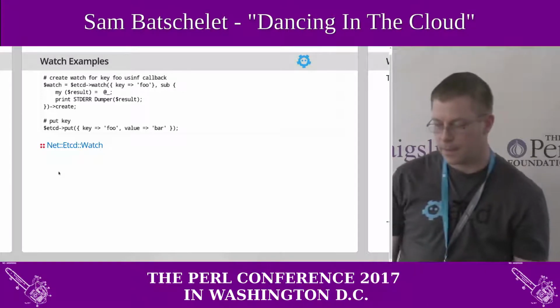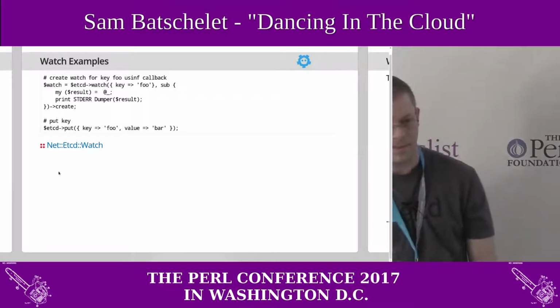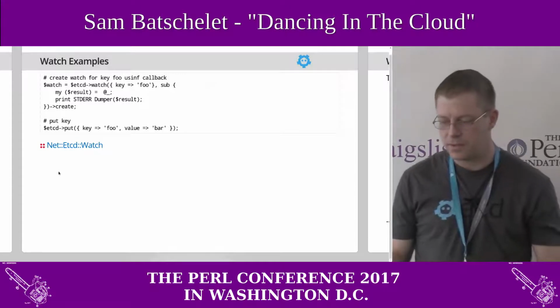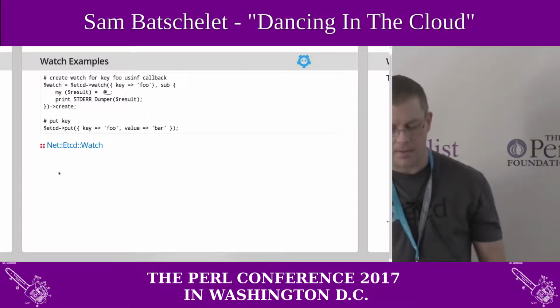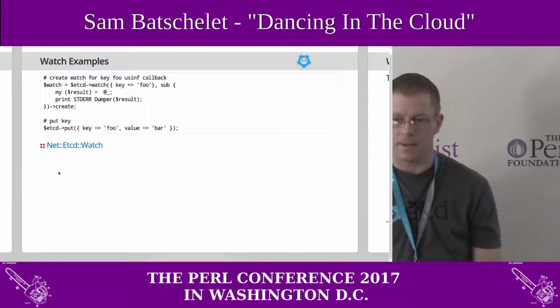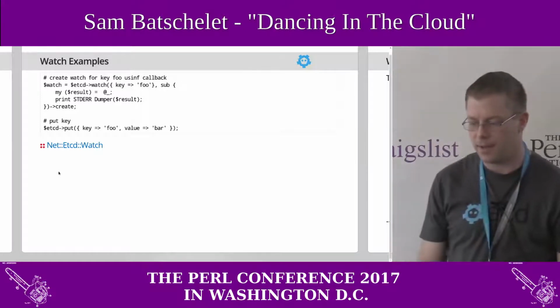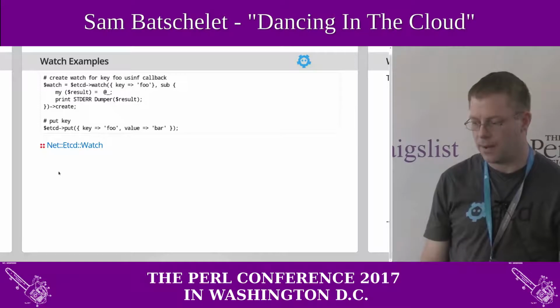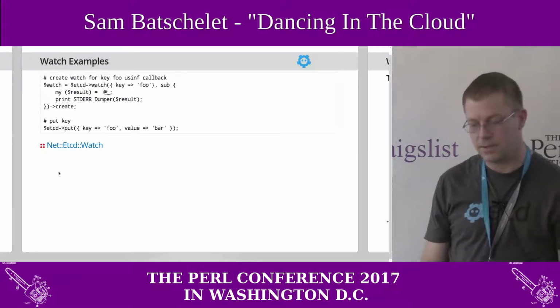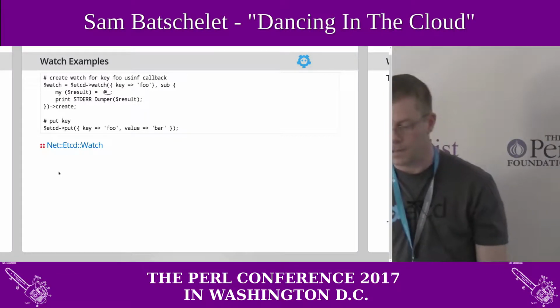So it's kind of cool, I think. So this opens up the door. I mean, you need to be careful when you're using Watch, because you need to program and utilize this in a non-blocking way. But you have asynchronous communication with the API, which is pretty cool.